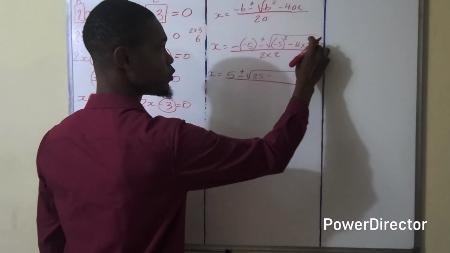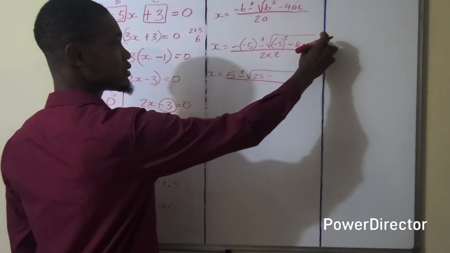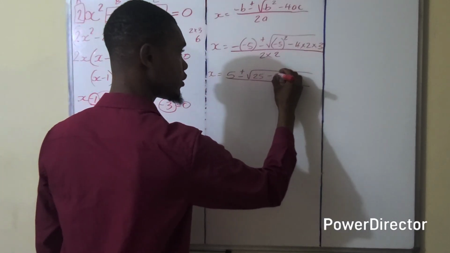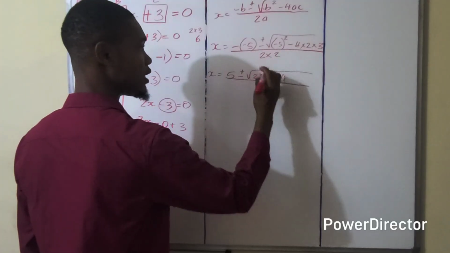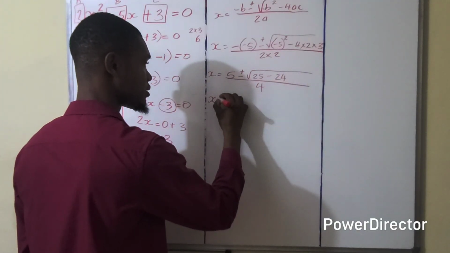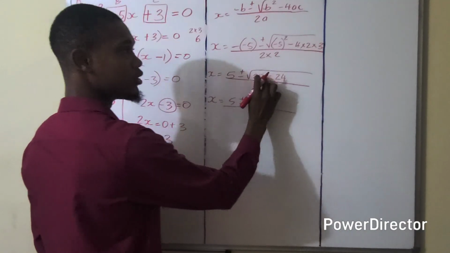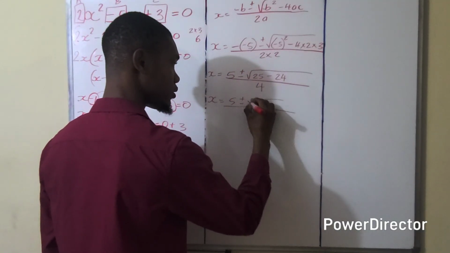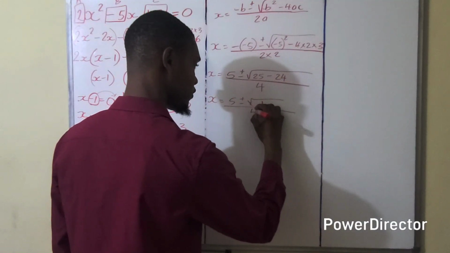Minus 4 times 2 times 3, so 4 times 2 is 8. 8 times 3, 24. And then you work this out, that's 4. You continue. So x equals 5 plus or minus, you work this, so square root. 25 minus 24, that's 1 over 4.